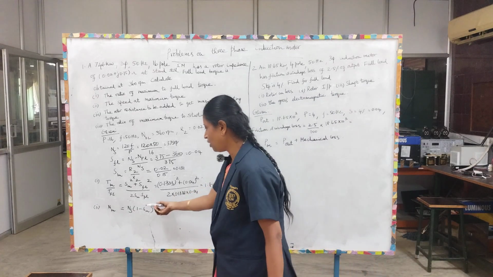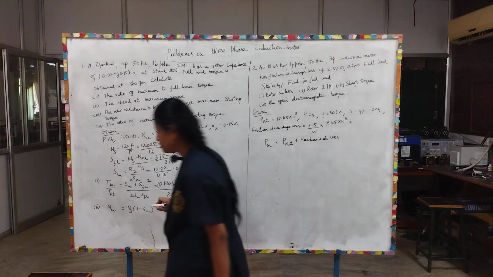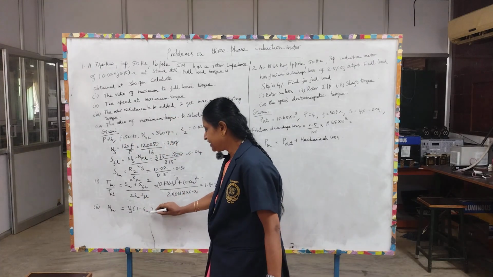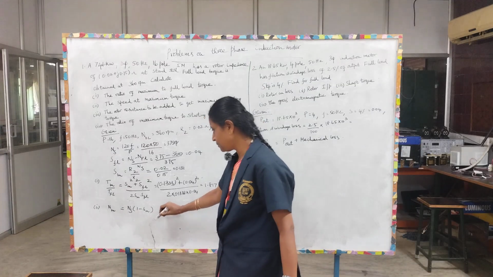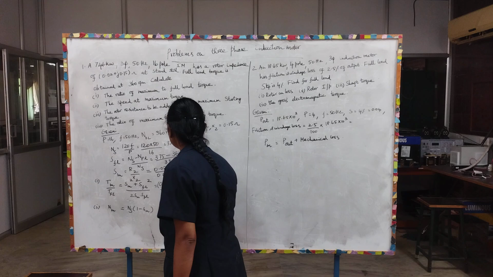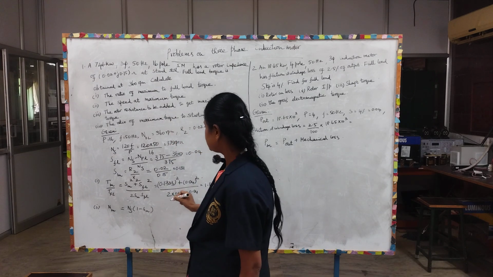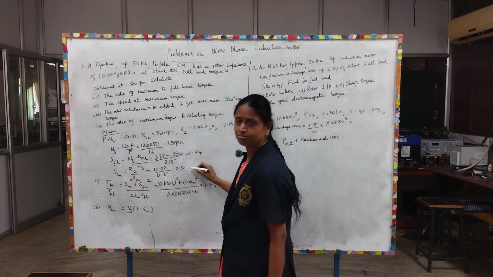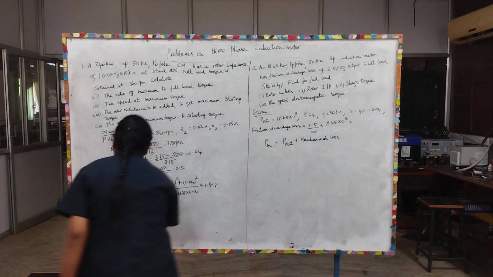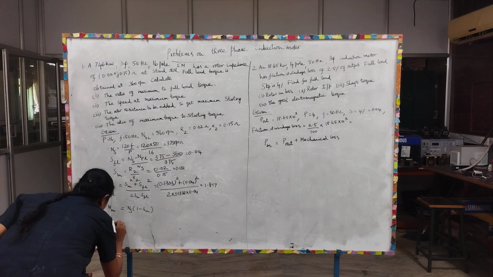The formula for Nm is Ns into 1 minus Sm, where Ns is synchronous speed and Sm is the maximum slip. So Ns we have already calculated, it is 375 RPM, and Sm also we have calculated, maximum slip is 0.133. Substituting, we can calculate the maximum speed.